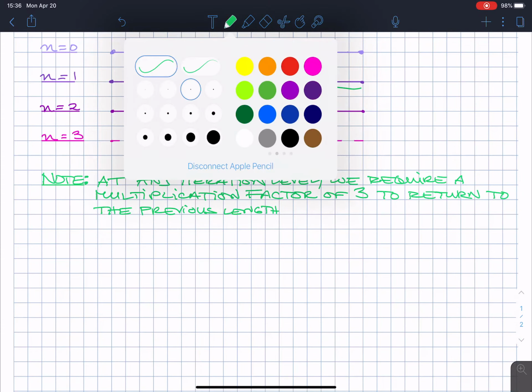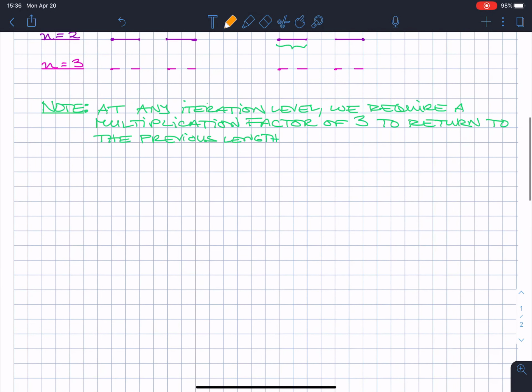So let's consider, if I do this forever and ever, I keep on omitting the middle third in the Cantor set.